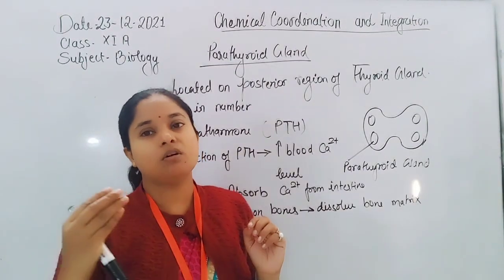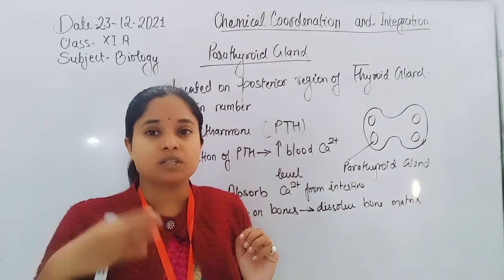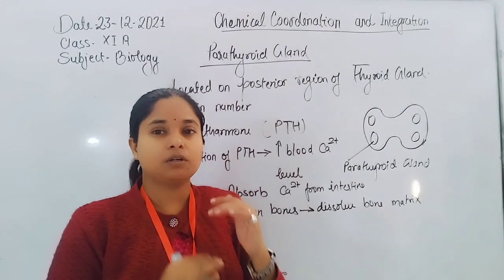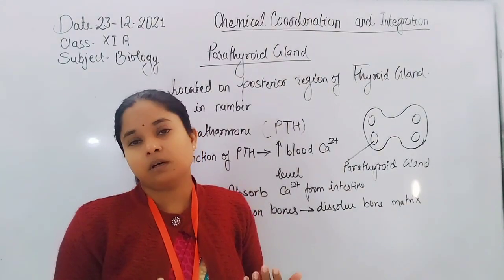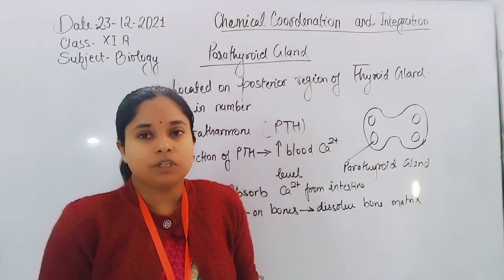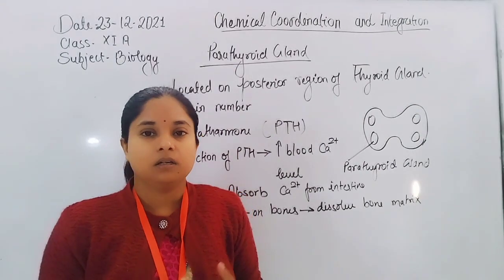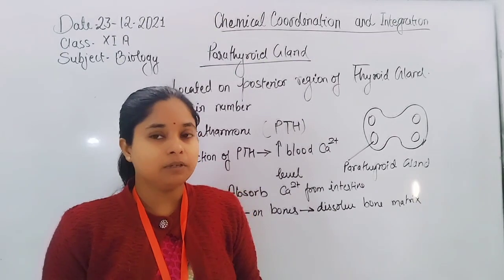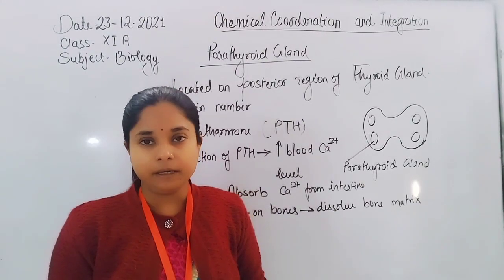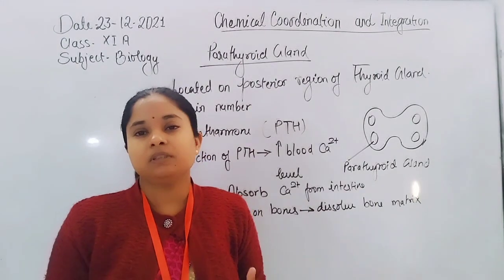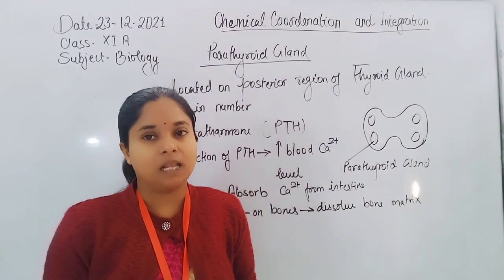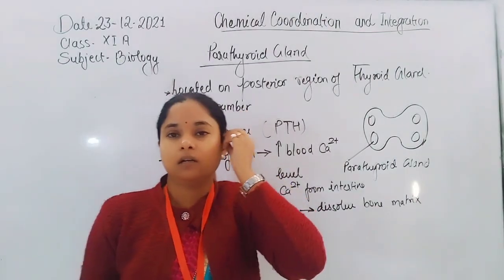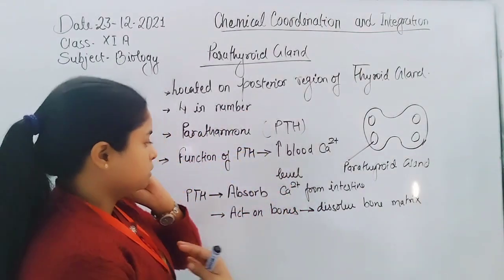Through dissolution of the hard bone matrix, the calcium ion is released into the blood, fulfilling the requirement of our whole body. So it is important to take calcium ion in our diet. If we are not taking it, our body dissolves our bone and increases the blood calcium level, thereby fulfilling the requirement of calcium ion where our body needs it.